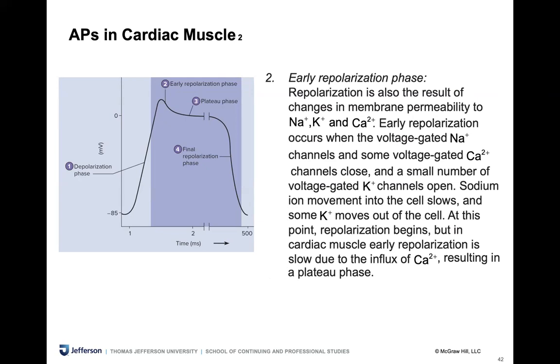Early repolarization occurs when voltage-gated sodium channels and some voltage-gated calcium channels close, and a small number of voltage-gated potassium channels open. Sodium ion movement into the cell slows, and some potassium moves out of the cell. At this point, repolarization begins, but in cardiac muscle, early repolarization is slow due to the influx of calcium, resulting in the plateau phase.